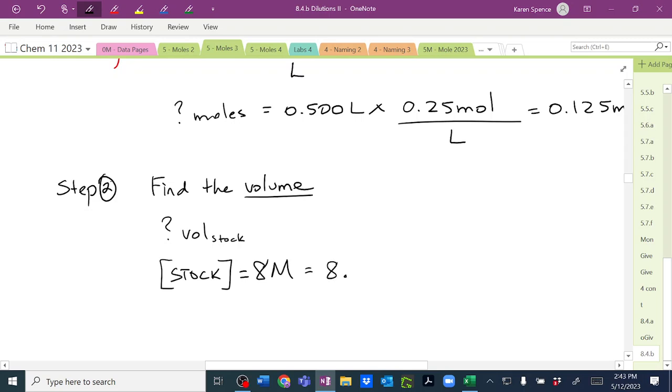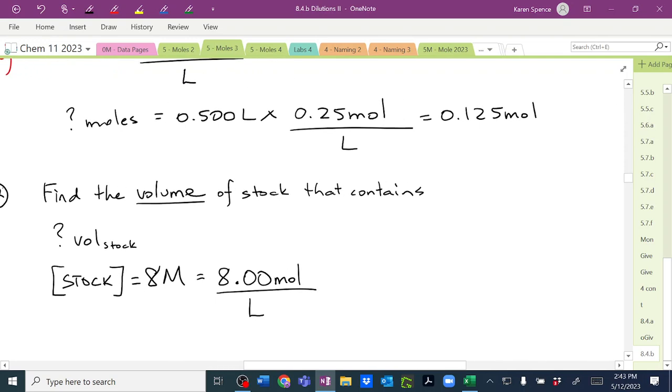Yeah, and I guess I should put my 2 zeros in because I forgot about them, but there we go, 8.00 moles per liter. And we want to find the volume of the stock that contains a particular number of moles.